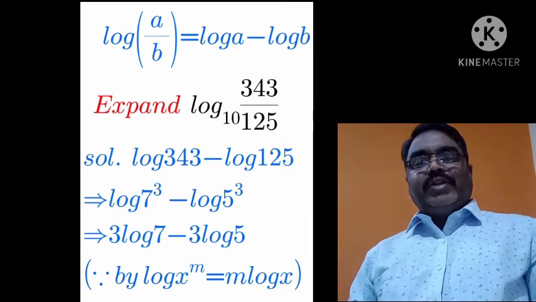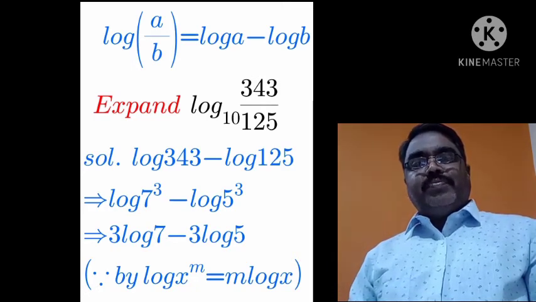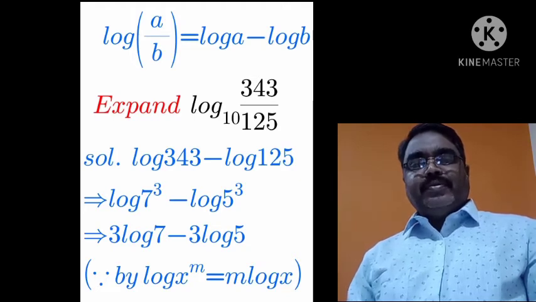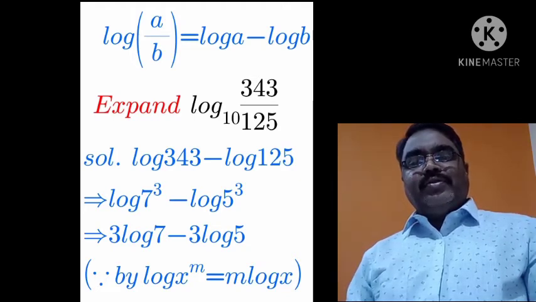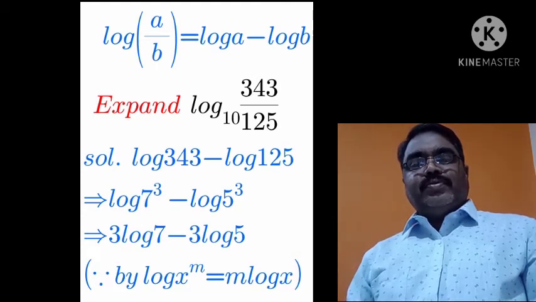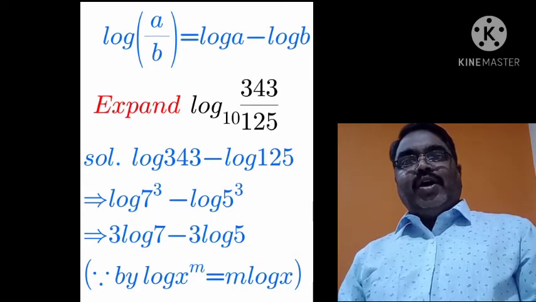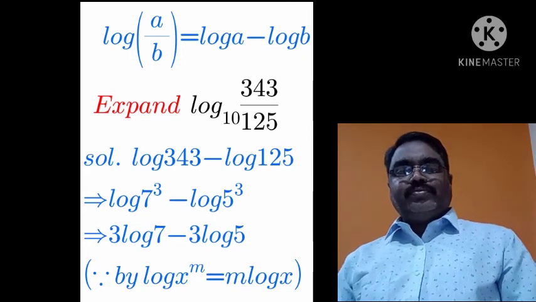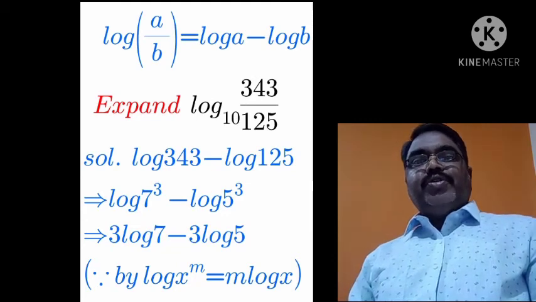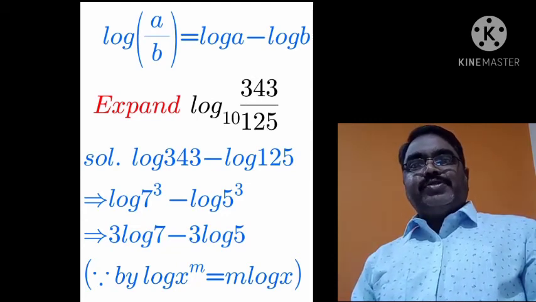I can write 343 as 7 to the power of 3 and 125 can be written as 5 cube. By making use of the exponent law of logarithm, log 7 cube can be written as 3 times log 7.